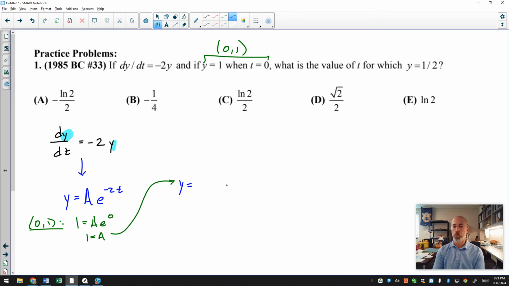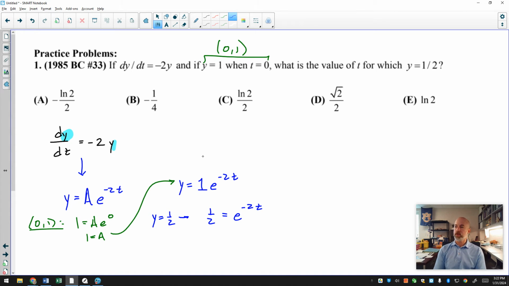y is equal to 1, I think I'll write the 1, e to the negative 2t. And then they ask, what is the value of t for which y is 1/2? So now I plug in 1/2 for y, which gives me 1/2 equals 1 e to the negative 2t.